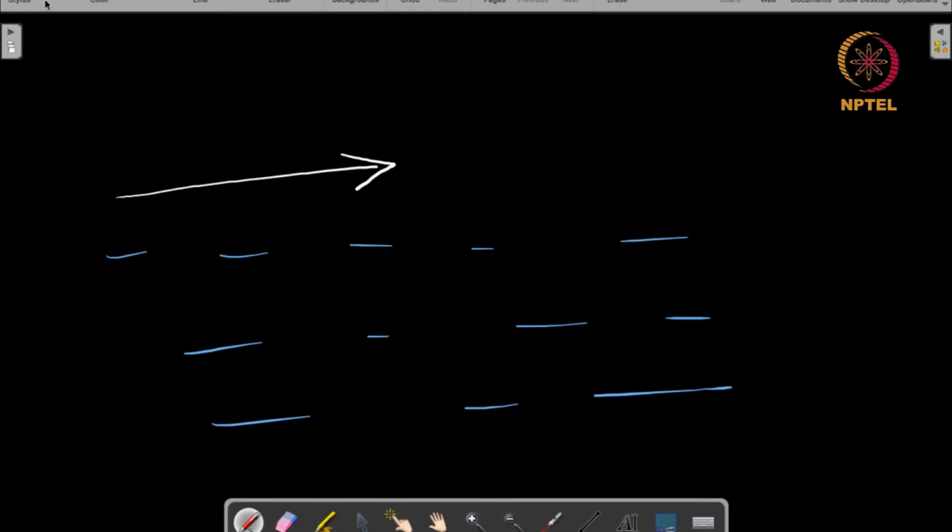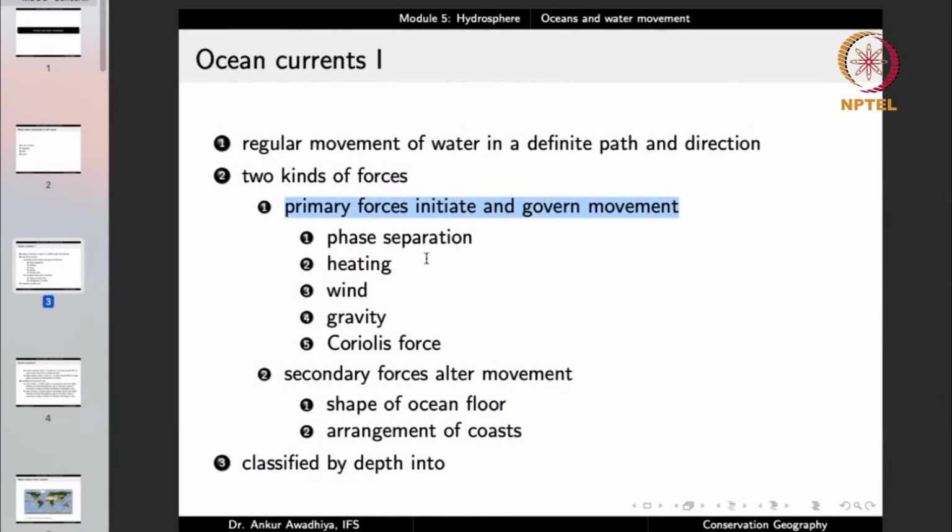Now the water molecules on the surface will also interact with this wind, and they will also start to move in this particular direction. And this will result in the generation of a surface current. So winds are also primary forces that initiate and govern the movement.